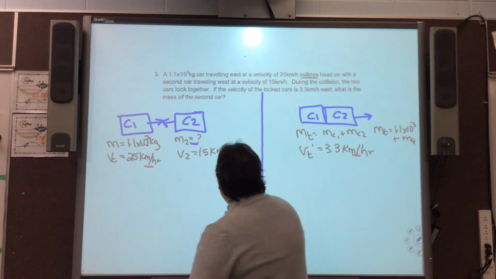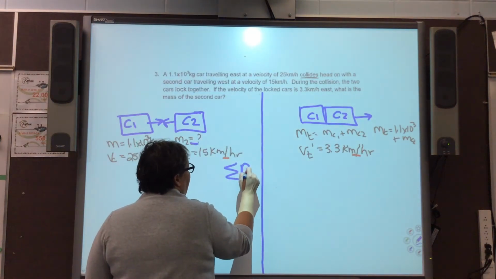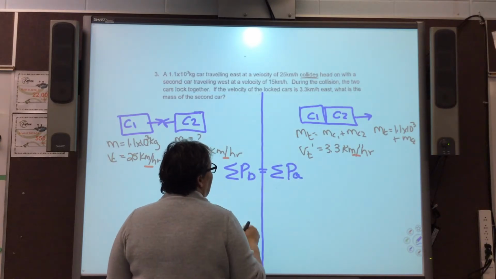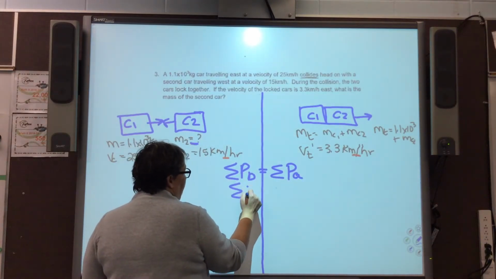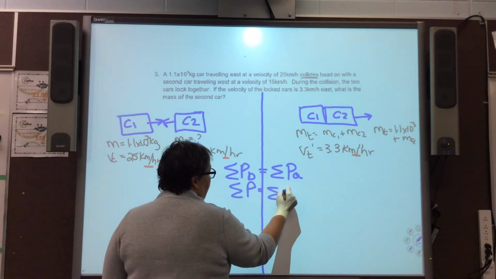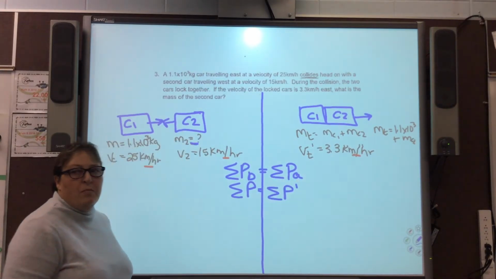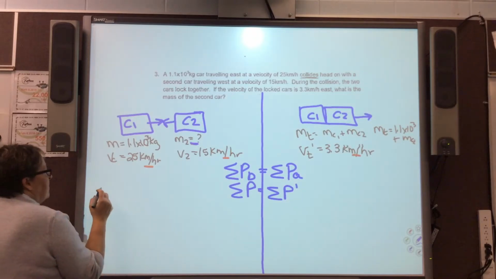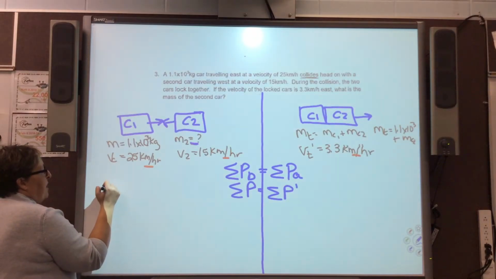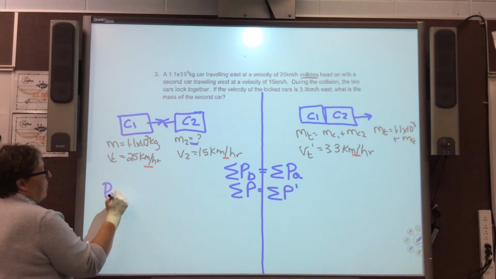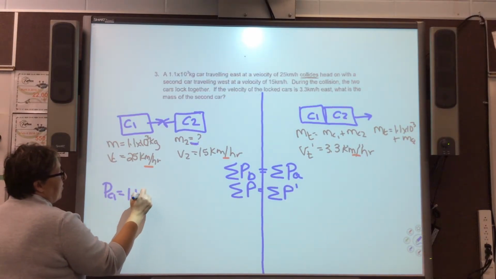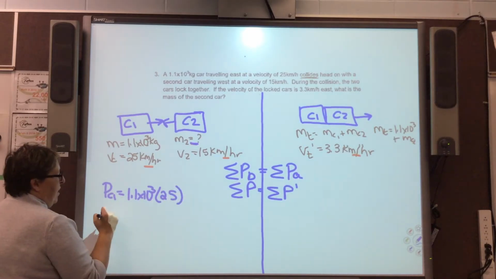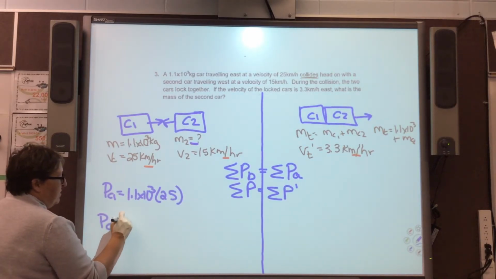So, the sum of the momentum before is equal to the sum of the momentum after, or we could say, quite often you'll see this, you'll see P and P prime means the same thing. So we have car 1's momentum, and we have momentum of car 2.